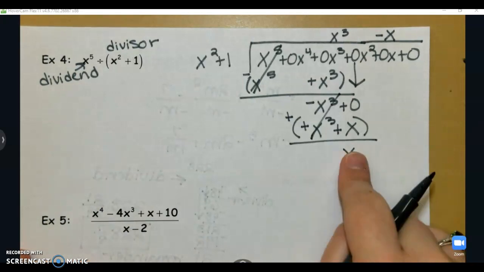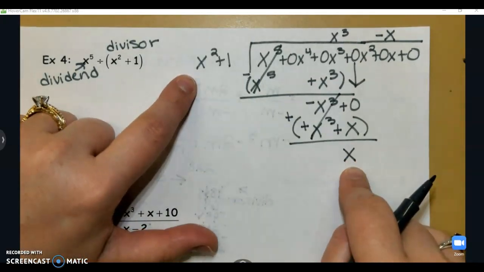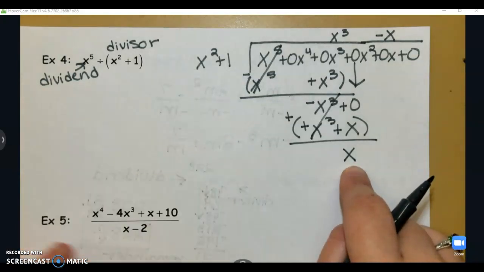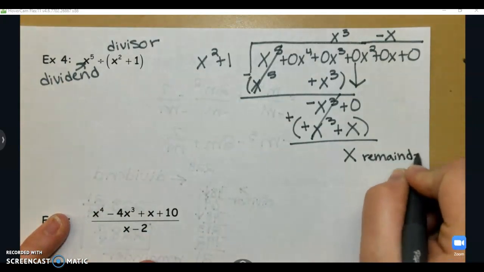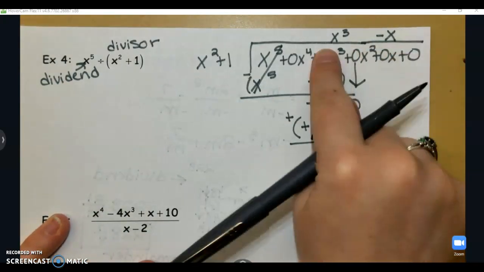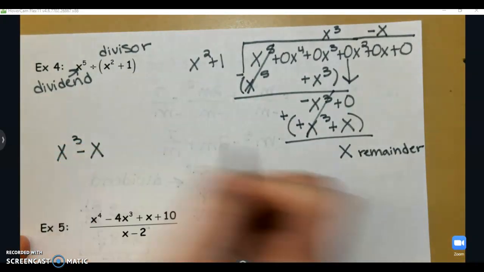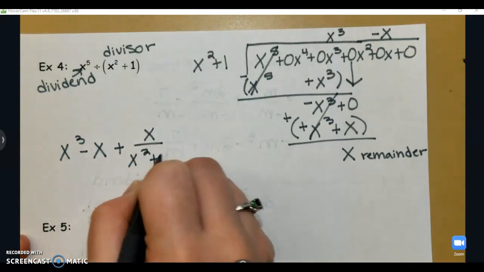Now, what I have left over is x to the 1st power, and my divisor is x squared. This degree is smaller than my divisor, which means I'm done, and this is my remainder. So our result is x cubed minus x plus x over x squared plus 1.